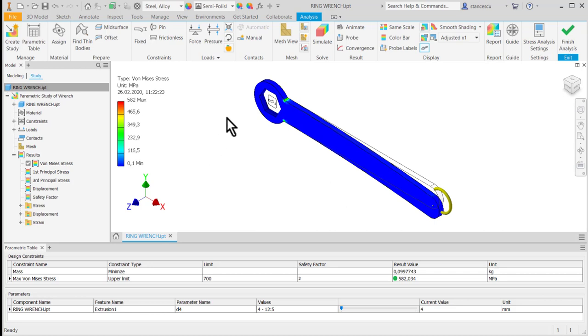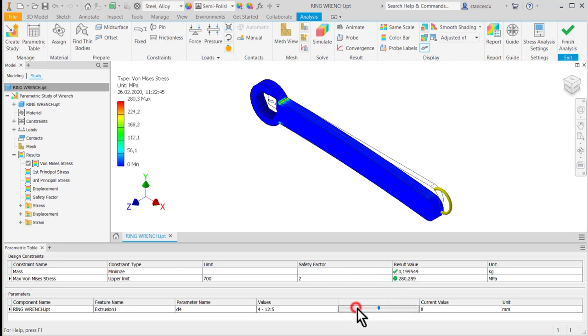What do we have here? We have a result. We have a line with green here, and this is the result of the iteration. When you move the cursor to another position, you see red and green.